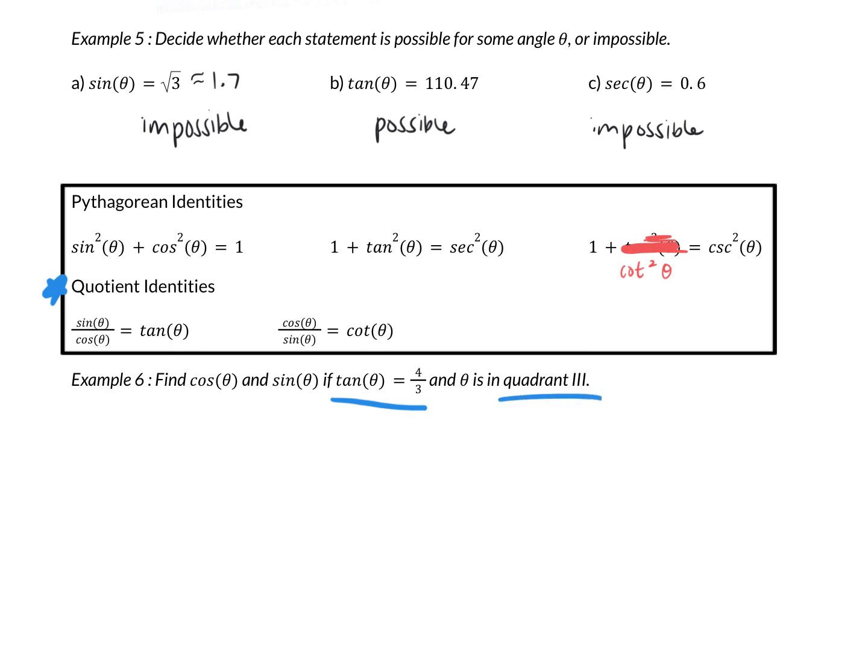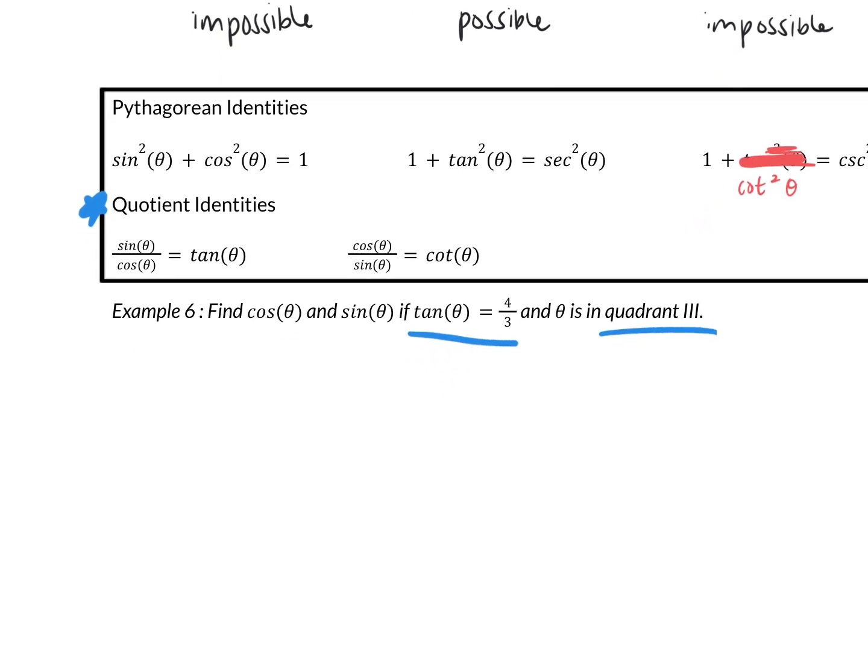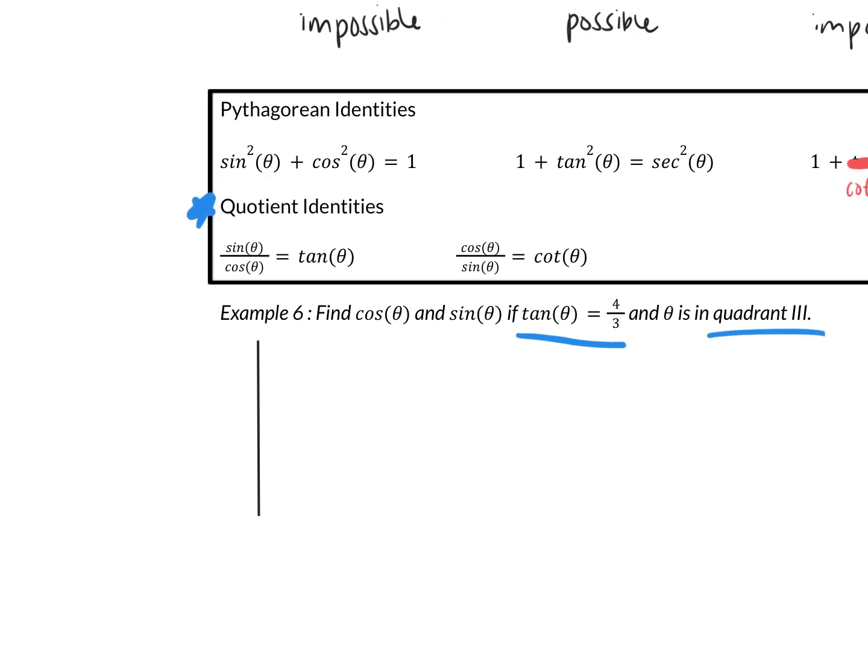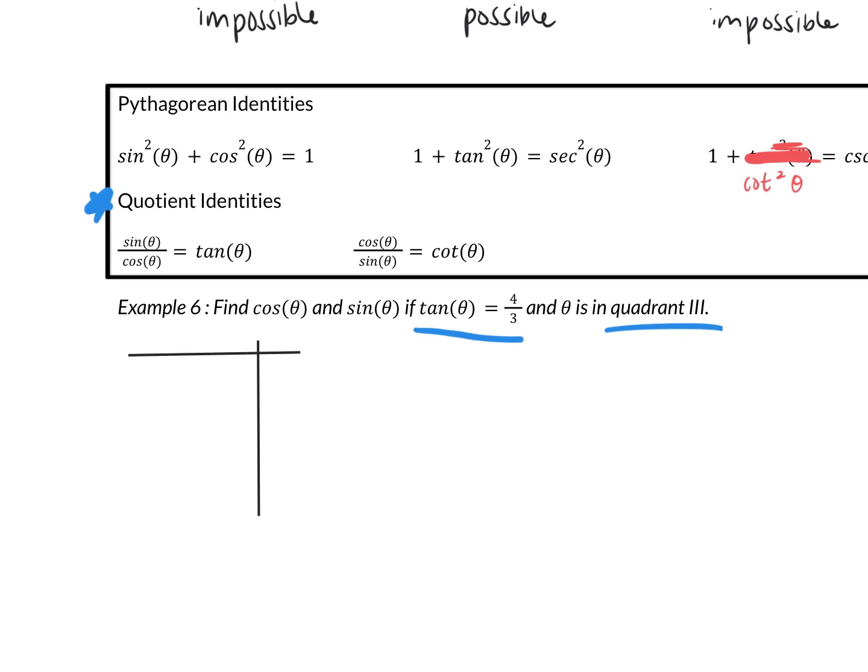So if I were to go ahead and graph this, I've got the third quadrant, I'm going to have a line there. I've got my triangle. I know this is my theta value. I need to put where that 4 and that 3 make sense in terms of tangent. Tangent of theta is equal to 4/3.